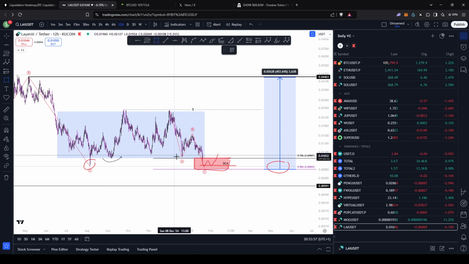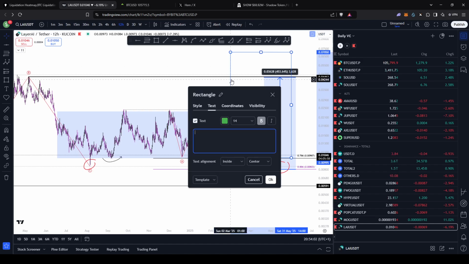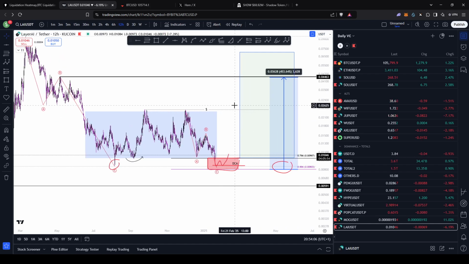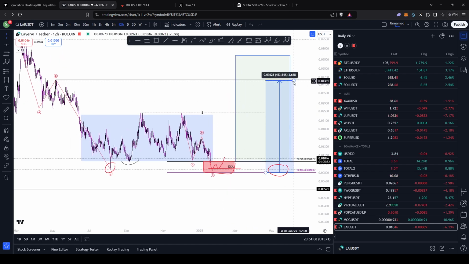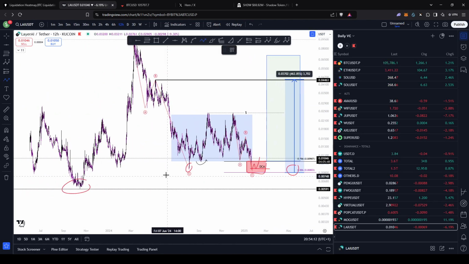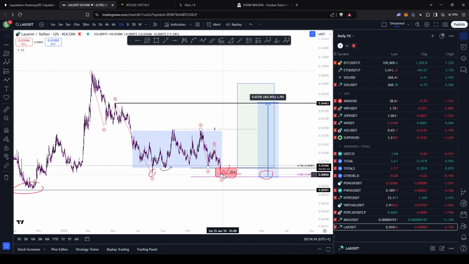This is your accumulation, manipulation, and that would be your expanded move towards the upside here as your distribution. And that could be very explosive. But I don't want to bag hold to zero.